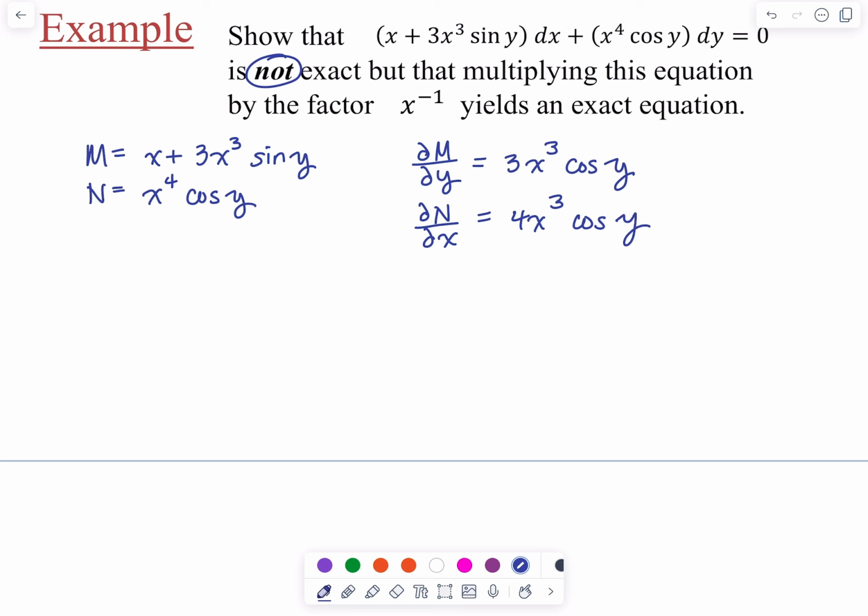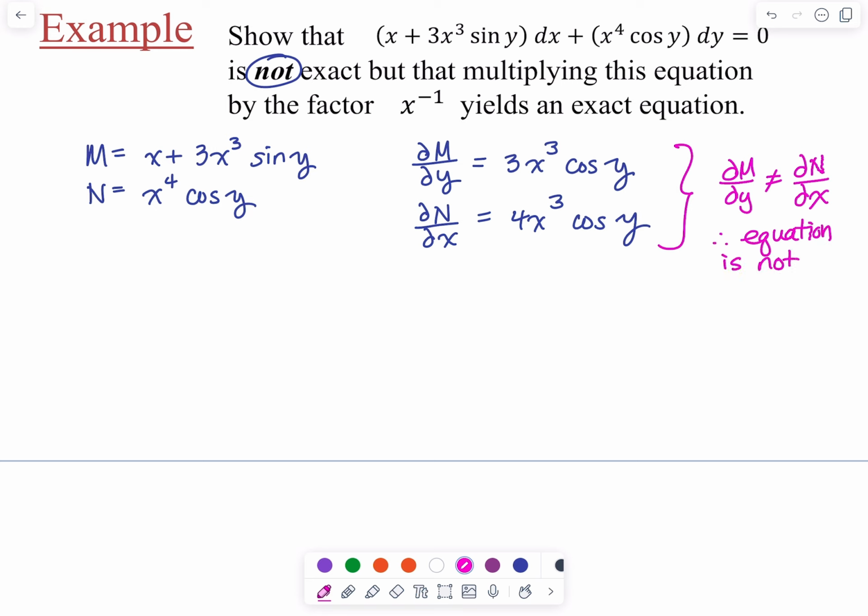And these are not equal. So the partial derivative of m with respect to y is not equal to the partial derivative of n with respect to x. So there we have shown that the equation is not exact.